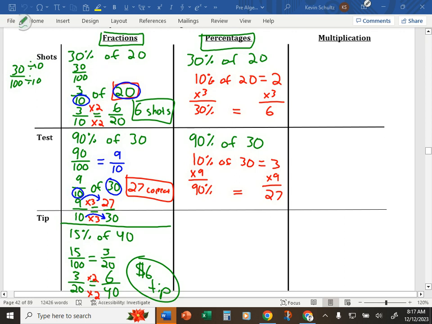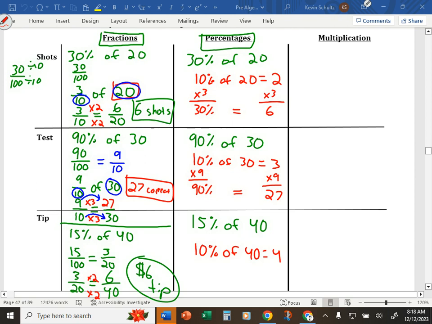All right, the last one. We want to know what 15% of 40 is. This one's a little bit trickier because our percentage doesn't end in a 0, it ends in a 5. We can still use the percentages method here. If I start breaking it down to 10%, what is 10% of 40, or what goes into 40 10 times? 4.